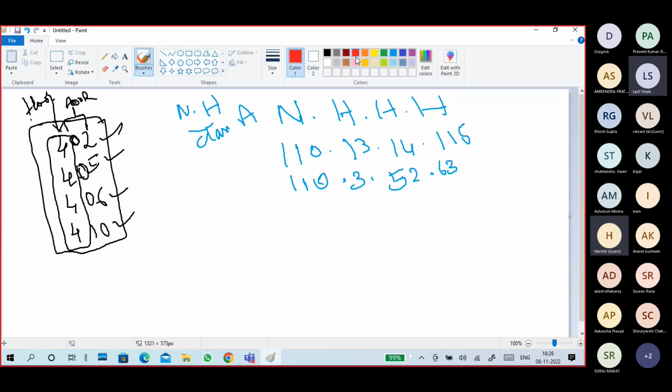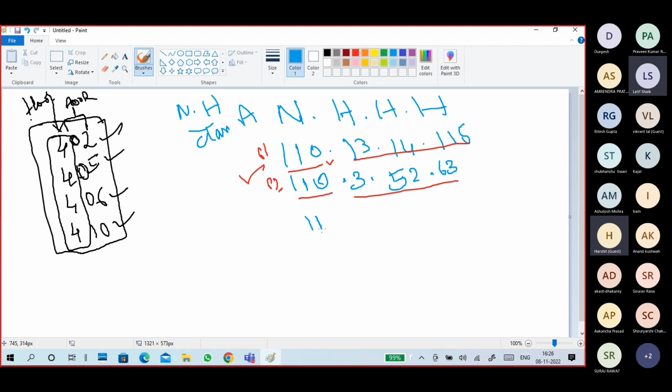So look here: the network is the same, so both PCs will communicate with each other. For example, PC1 and PC2 will communicate. Even though the remaining portions look different, this is correct. Okay, next.